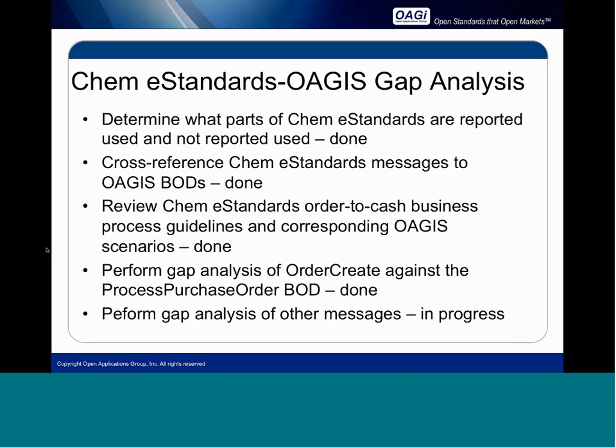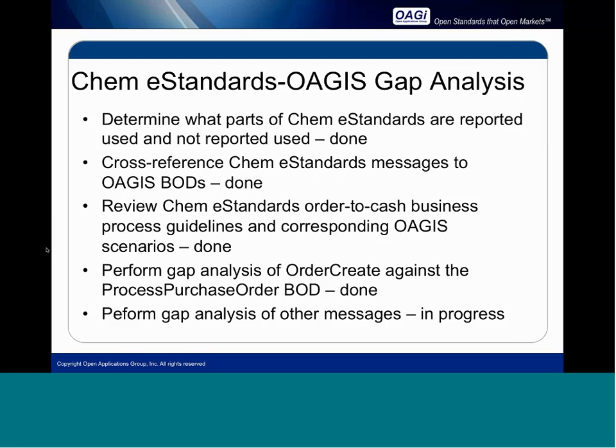And so given that OAGis, the bigger, long-standing OAGi set of standards, is cross-industry in nature, it's important that whatever messaging requirements CHEMI Standards support, those same requirements are supported by OAGis. And so we've launched a gap analysis project. We're well into it. There's several steps.